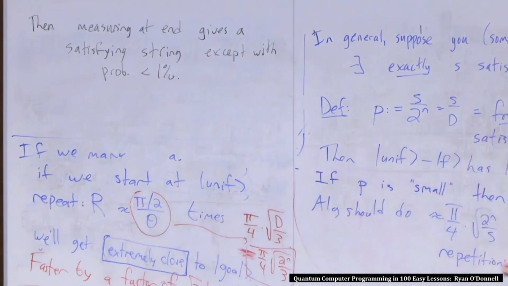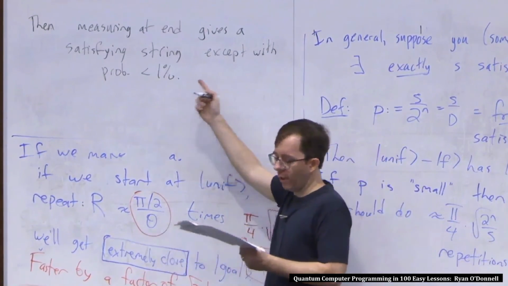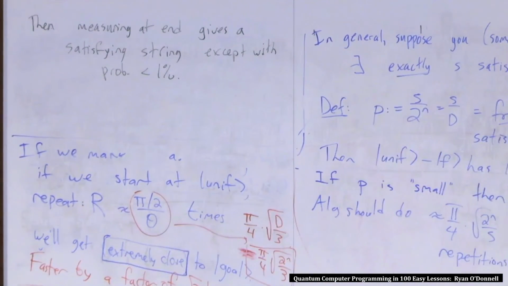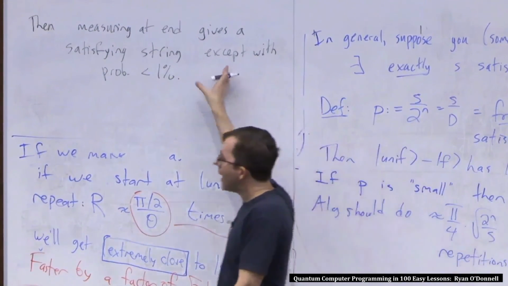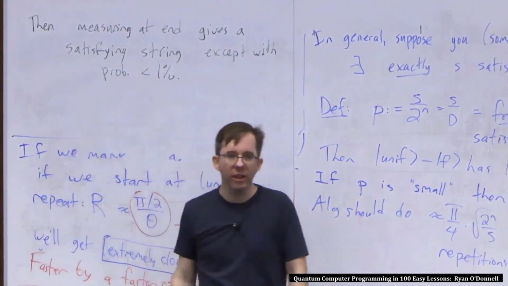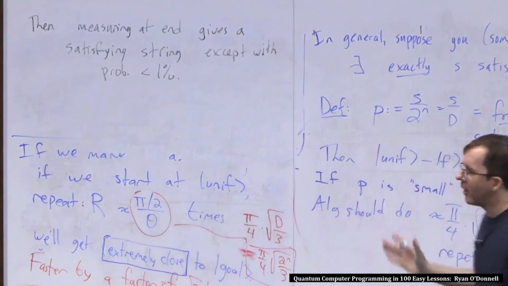In fact, if you really work out all the details, it's even better. This is more like 0.1%. But again, whatever. And that's good because now 99% of the time it's finding a satisfying string. And we can just declare that success.